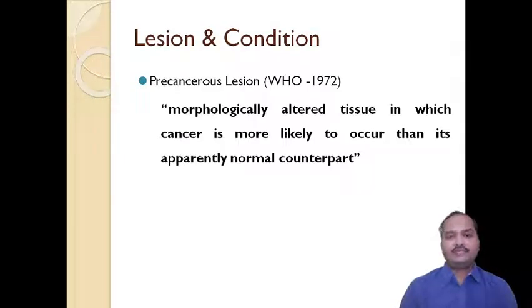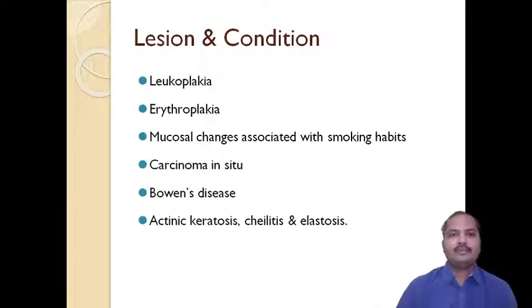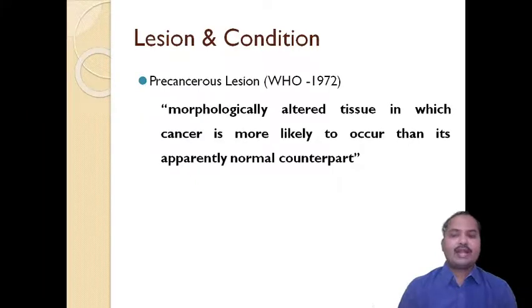Now, if we say that this is a lesion, there are certain pathologies which can be said. A precancerous lesion, as said by WHO in 1972, is a morphologically altered tissue in which cancer is more likely to occur than its apparently normal counterpart.